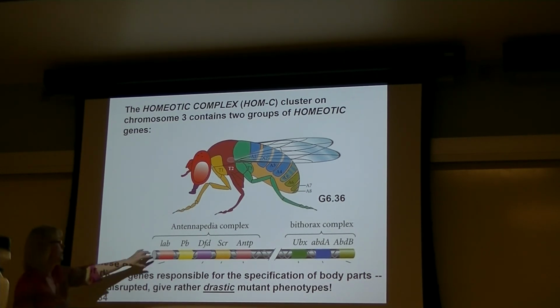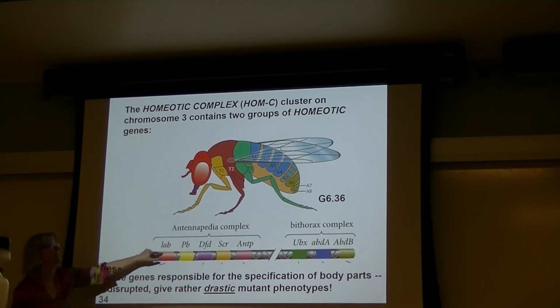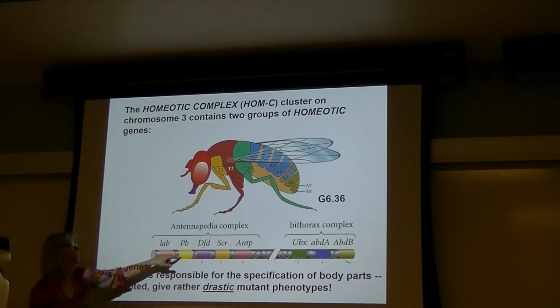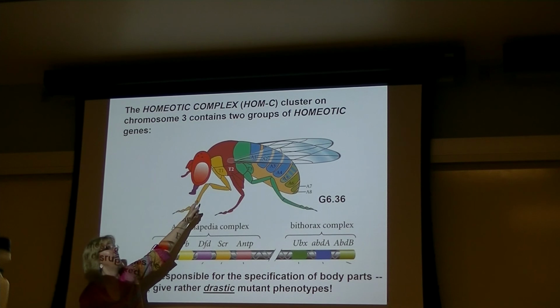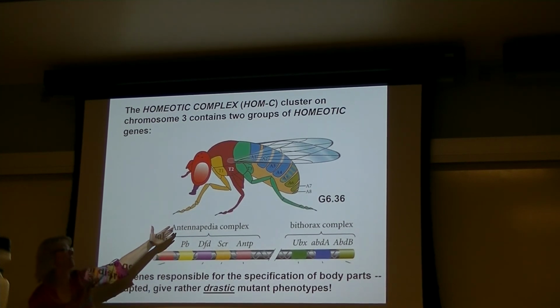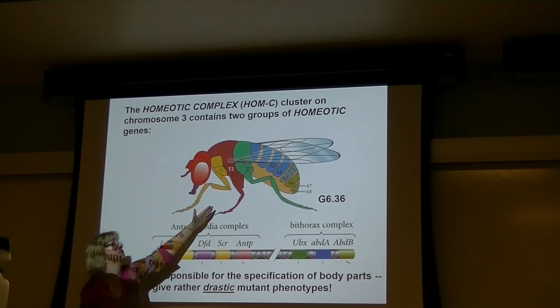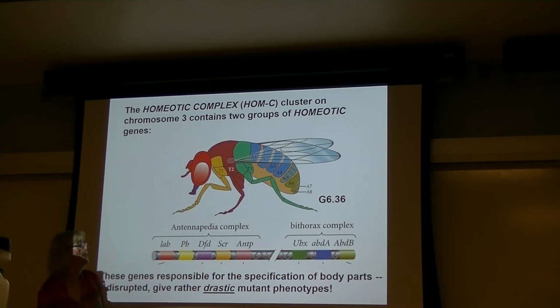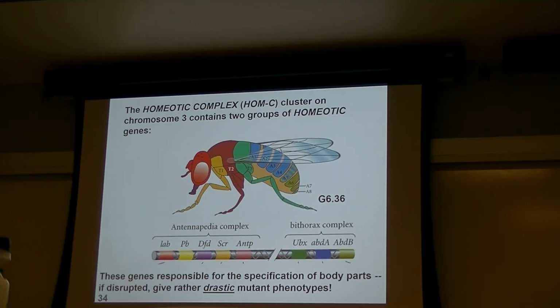So this one here, the red one, is on one end, and that's expressed in the head. Then we get yellow, that's expressed in the neck region, if you will, or the first thoracic segment. Purple for thoracic segment 2, and it goes on down the line. So we're getting this correspondence between spatial expression in the embryo and order of gene on the chromosome.